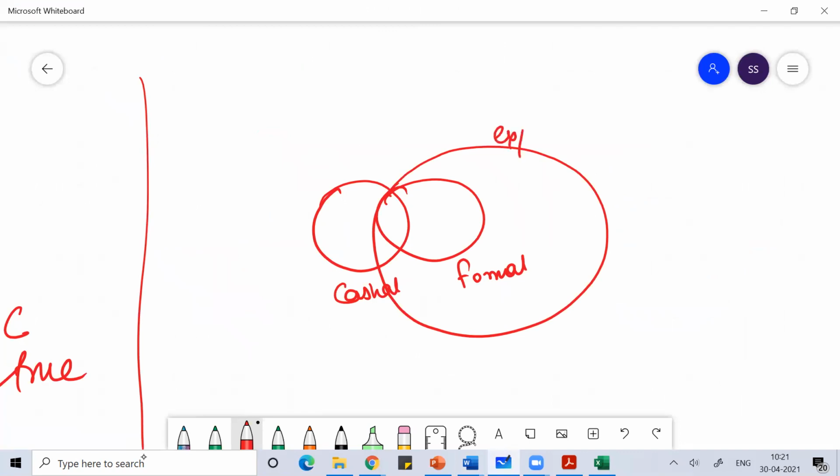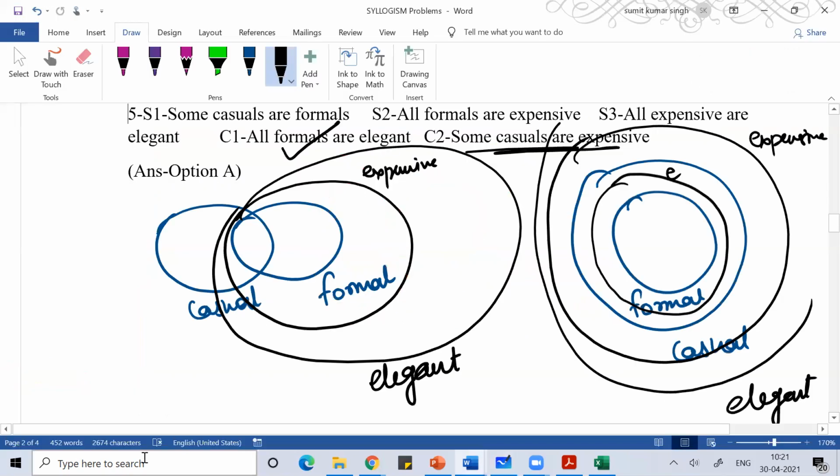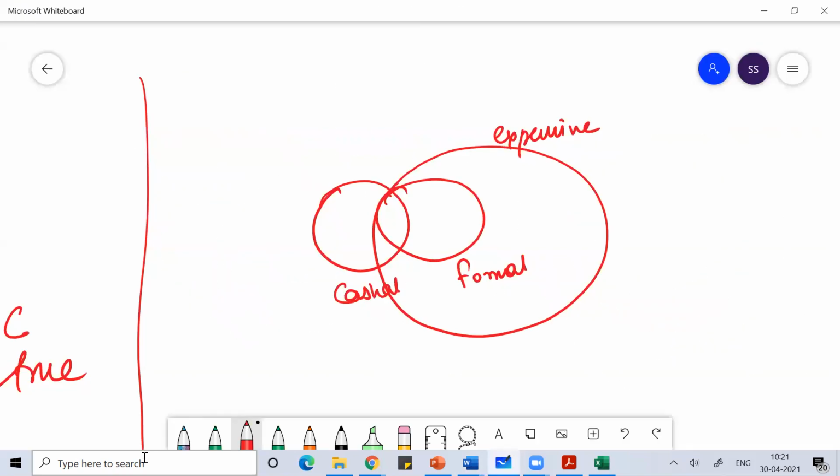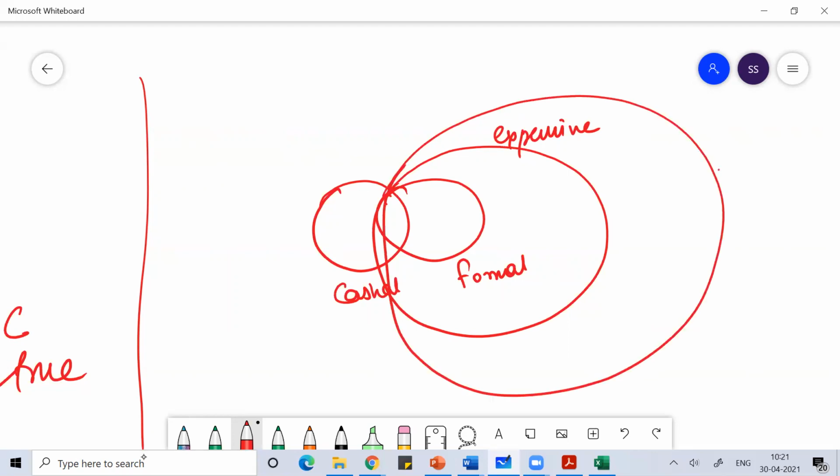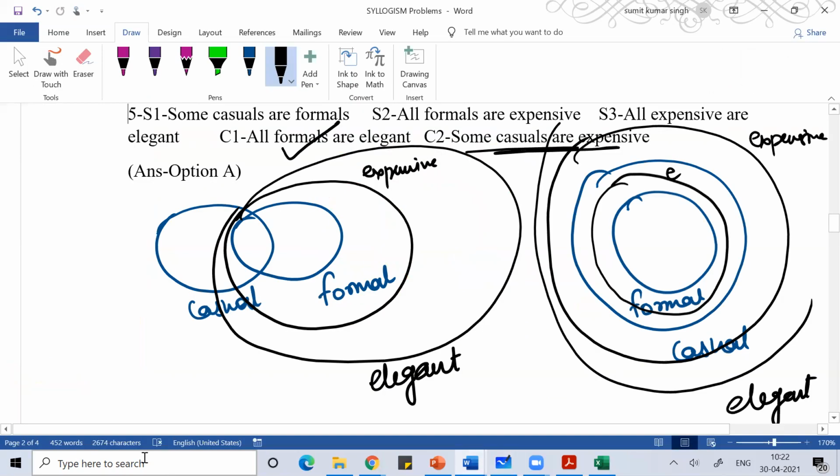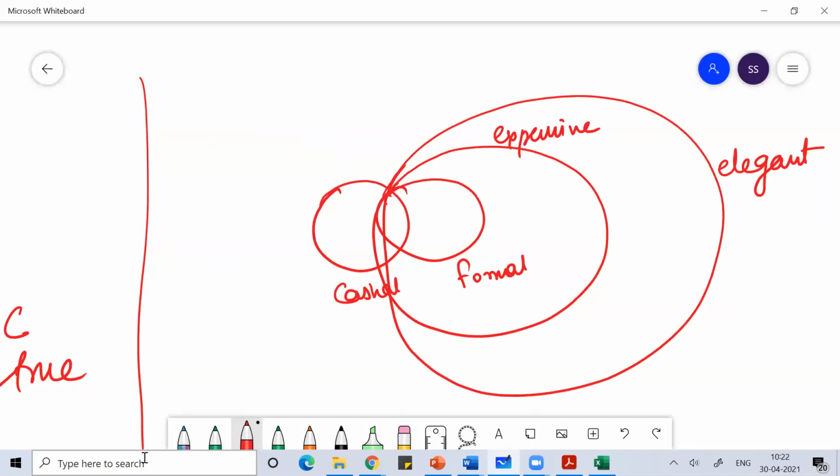And then all expensive are elegant. So here casuals and elegants are touching each other. Some casuals are expensive: some casuals and expensive are touching each other.